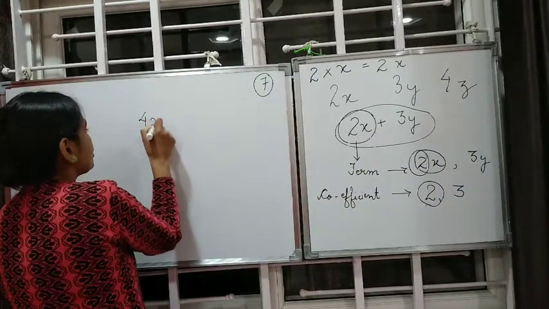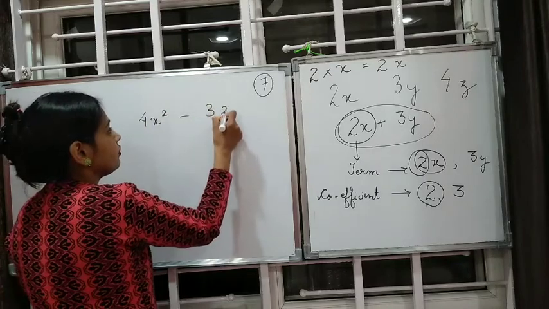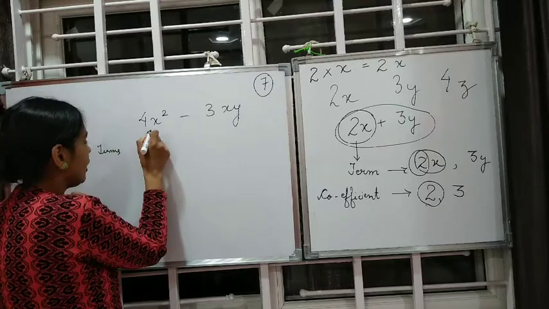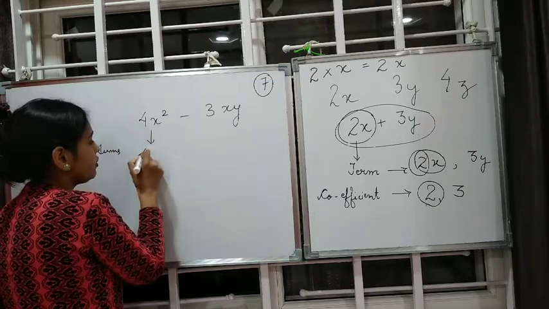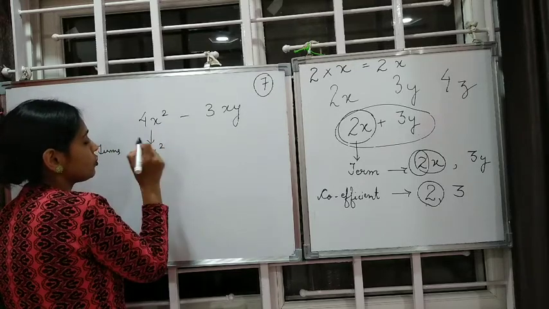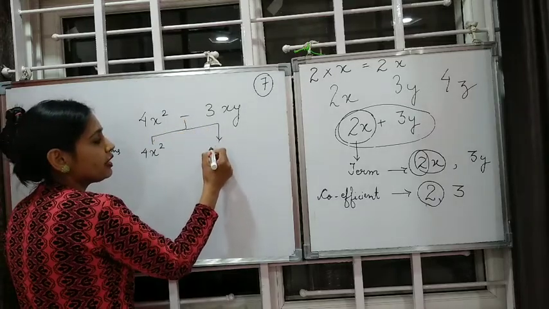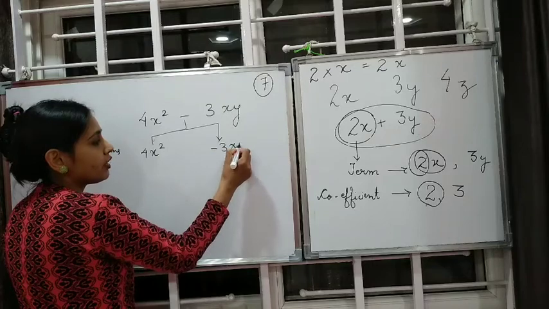So this is an expression whose terms are given by, what is the term here? This is the term 4x square. What is the term here? The term is minus 3xy.